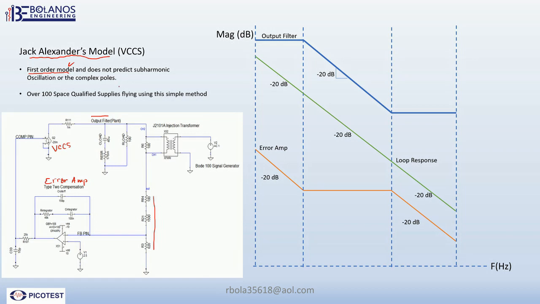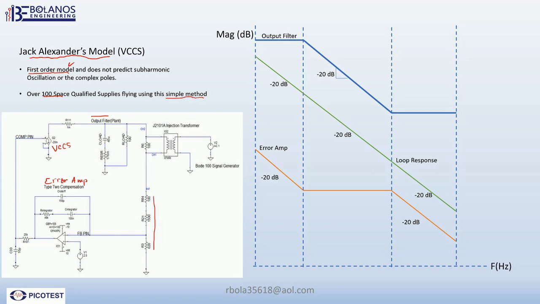This method was used in over 100 space qualified supplies that are flying in space that Jack built using this simple method. So it's a method that I feel very comfortable with and I've been using for years, ever since it was taught to me by Jack.